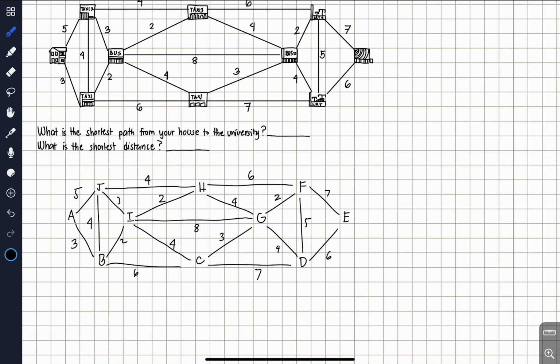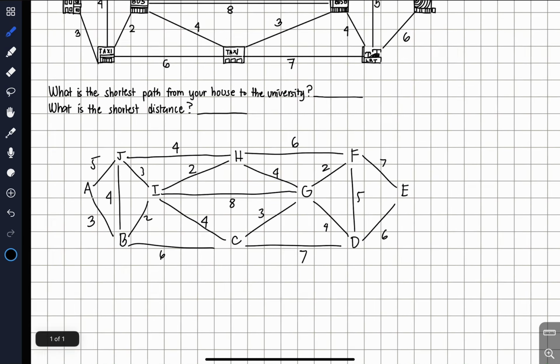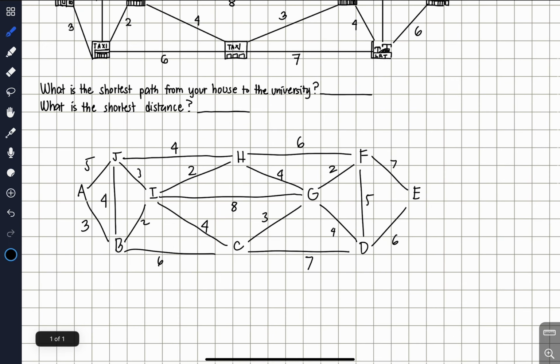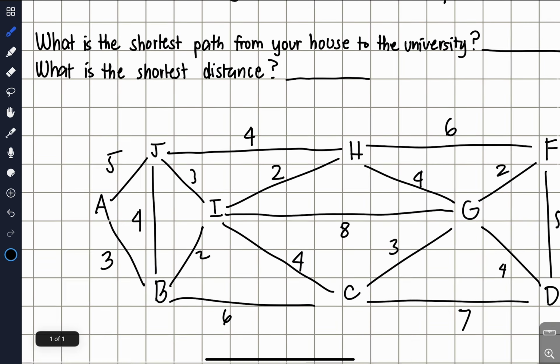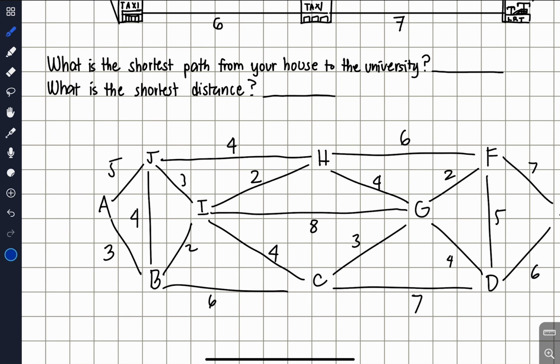So now that we have simplified our illustration, let us proceed to the first step of the method we're gonna use, which is the Dijkstra's problem. So first, label the initial vertex as 0. We can see here that our initial vertex is letter A. So let's use a different color so we can easily identify. We label the initial vertex as 0.